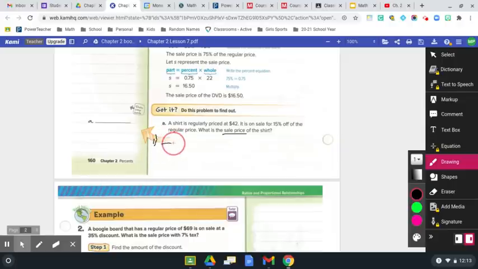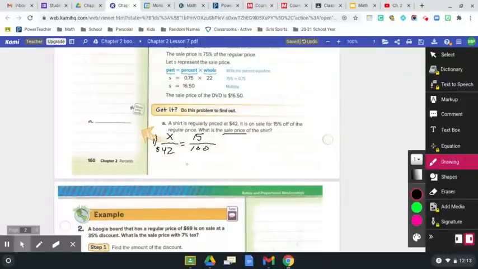So we're going to continue to use that proportion setup. Same setup, meaning I know it's on sale for 15% off out of 100%. I need to know how much X is going to go in that numerator, how much of a discount if that shirt is $42 with that 15% off.